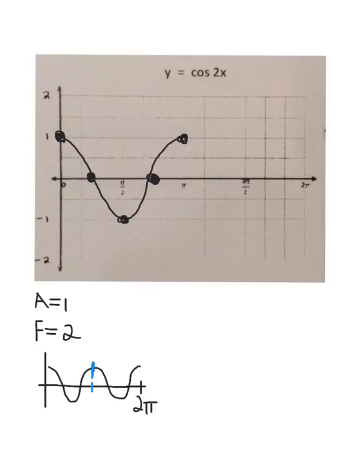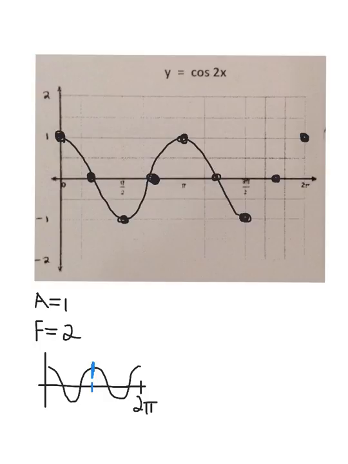We're going to repeat it again. So from pi to 2 pi, we start up and we finish up. At 3 pi over 2, I should go down to its minimum. And then in the middle, which is a box and a half, and a box and a half, I am hitting the x-axis.